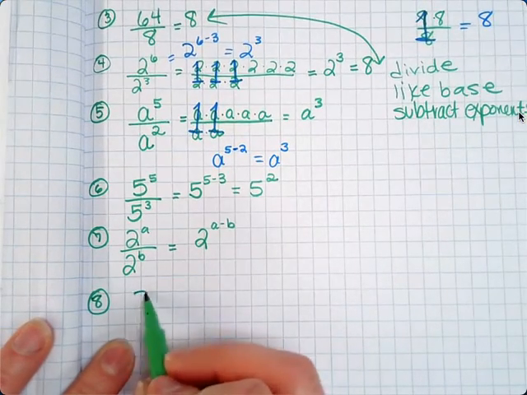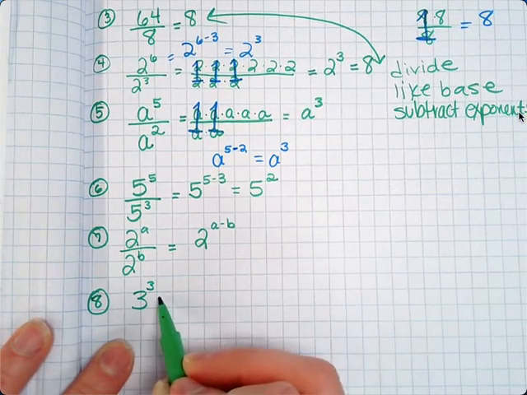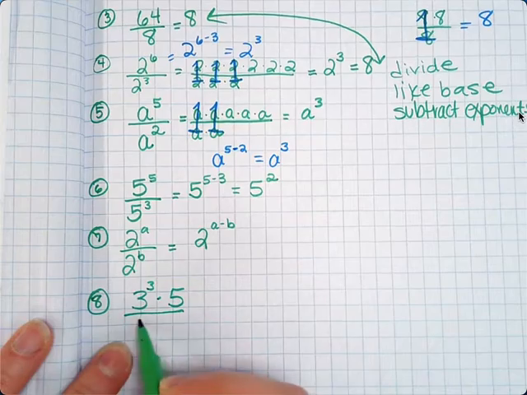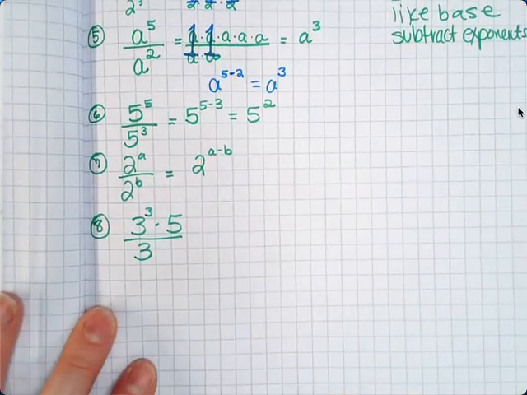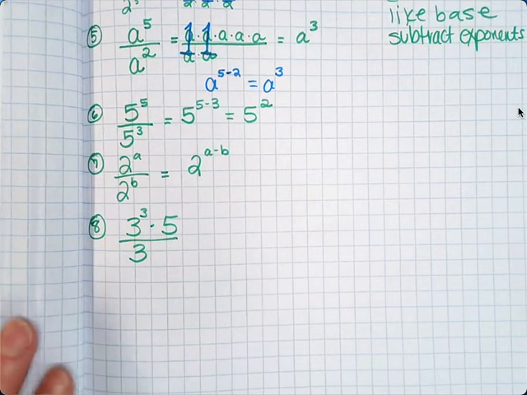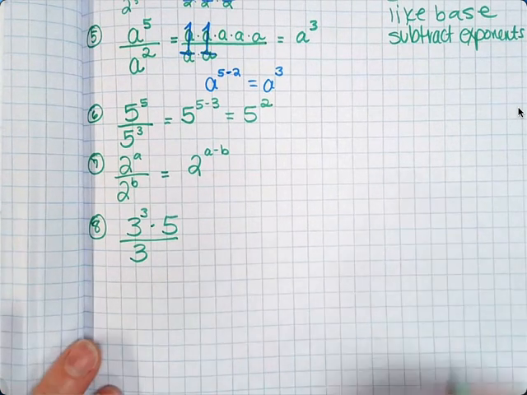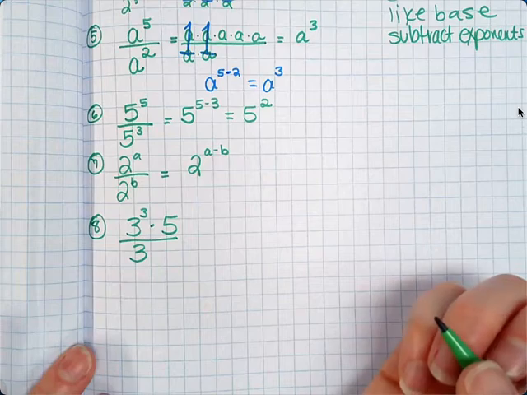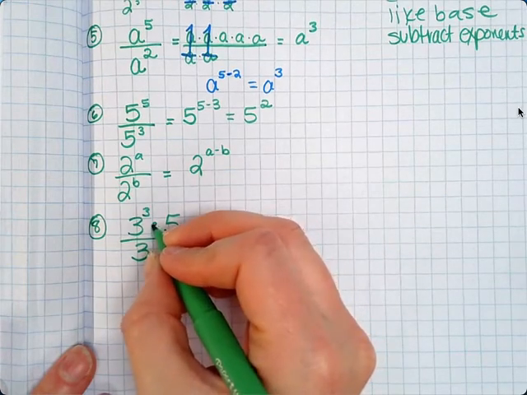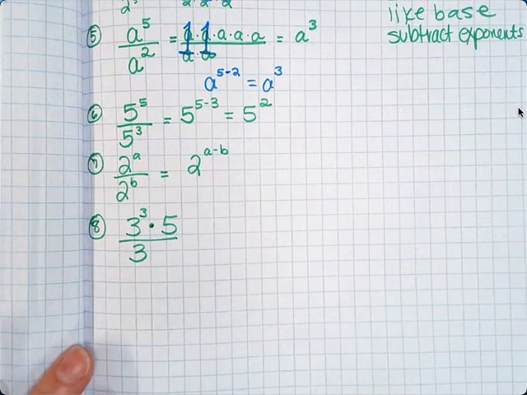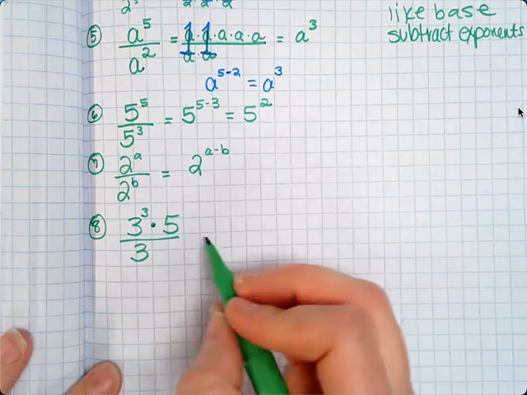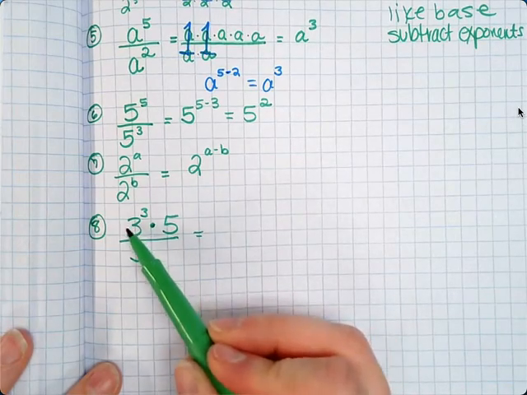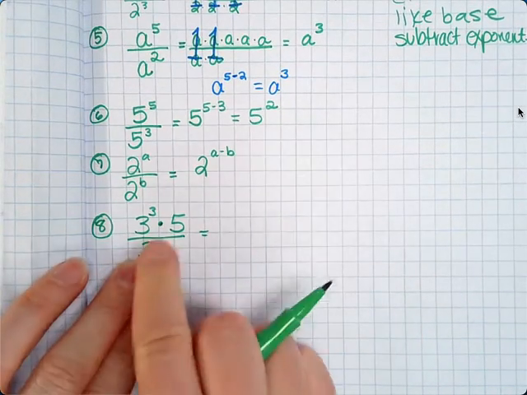Okay, let's do 3 to the third power times 5 over 3. Just multiply there. So whenever you have fractions, you can separate it out, or you can just keep our same denominator, right? That 3.